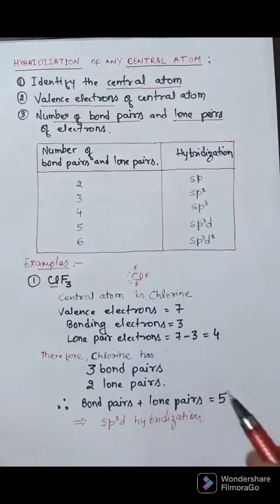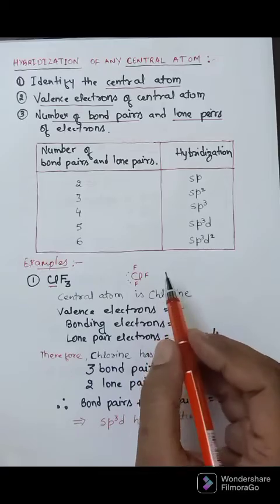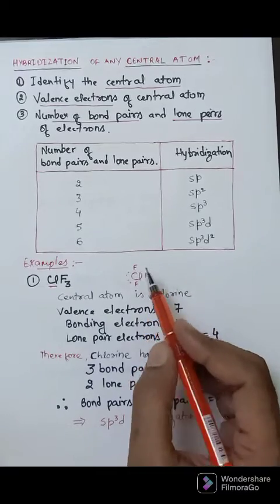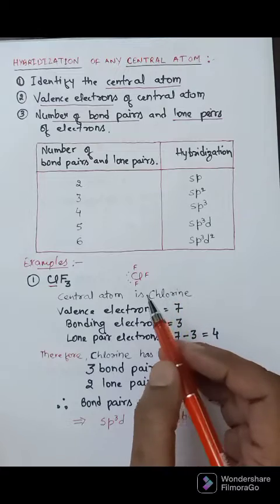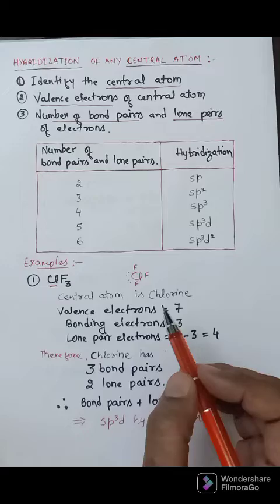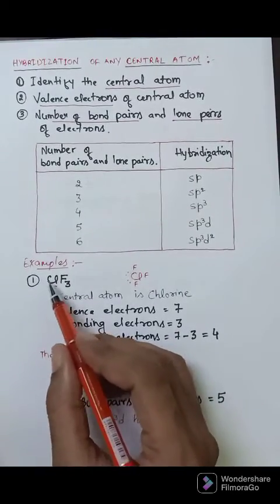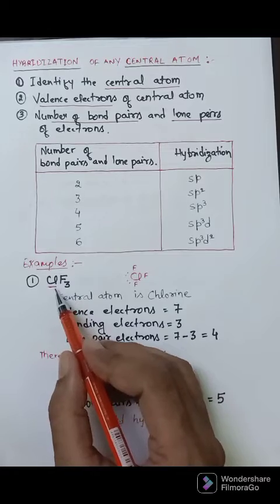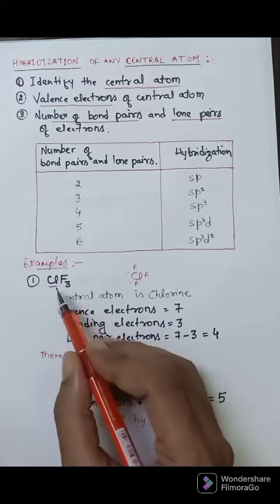Now I will discuss a few examples which will make your concept very clear. That's how you can find the hybridization of any atom or ion in a molecule. Suppose in example number 1, it is ClF3. It has 1 chlorine and 3 fluorine atoms.